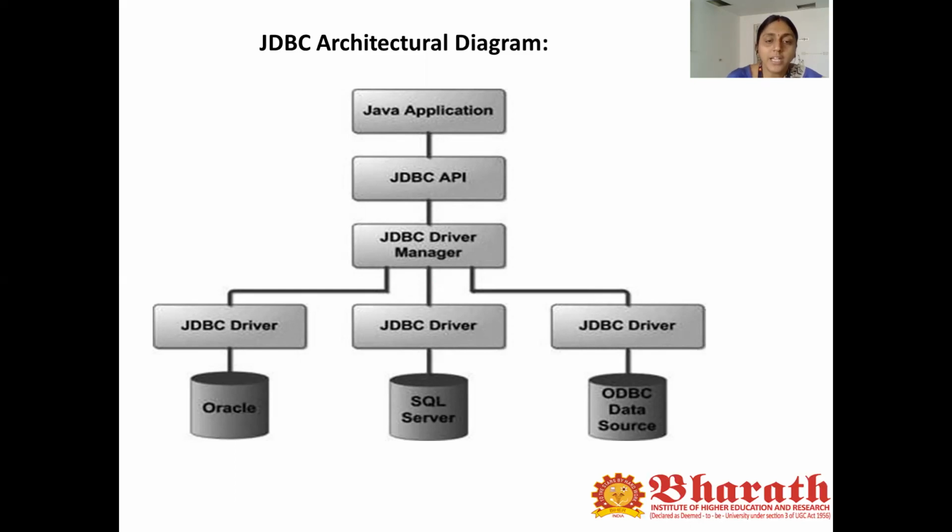And here the JDBC driver manager is mainly responsible for connecting the API with the data source. And the data sources are directed by the JDBC driver. This JDBC driver will be unique for the different types of data sources. And the different types of data sources are given at the lower end, which can be Oracle, SQL Server, or ODBC data source.